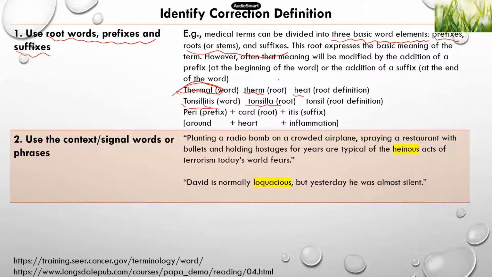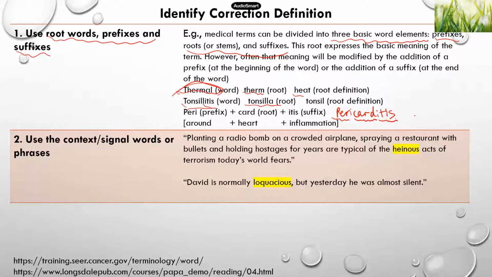Next one, pericarditis. Now, I probably should write out the entire word. So pericarditis. Peri means around. Card is the root, which means the heart. And itis, we mentioned that means inflammation.